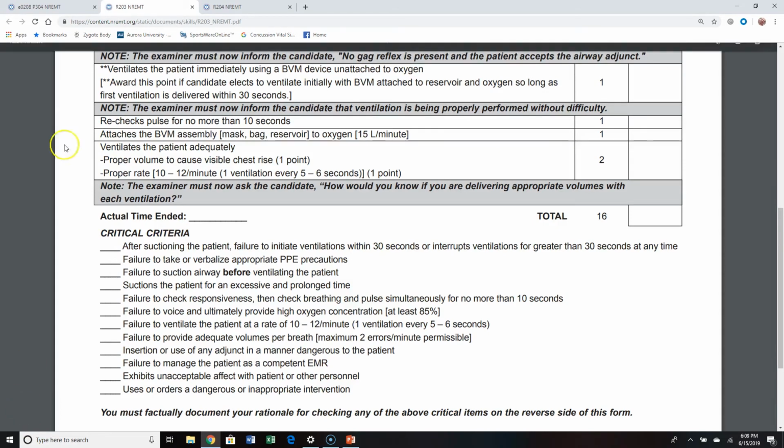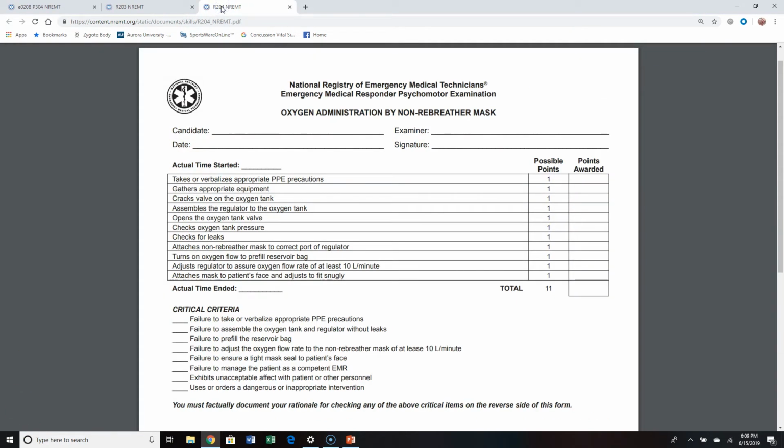For the last skill, the oxygen administration, the National Registry only has a skill sheet for the non-rebreather, but the steps are the same regardless of the delivery device. We always have our PPE. We need to get all of the stuff together that we would need: oxygen tank, flow meter, the delivery device, suction equipment.